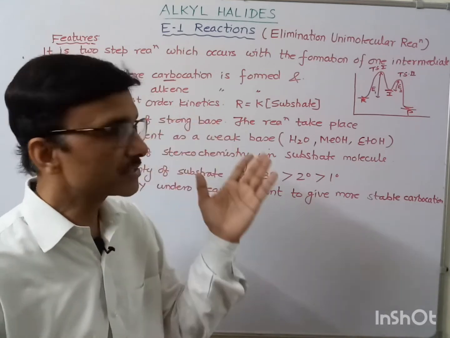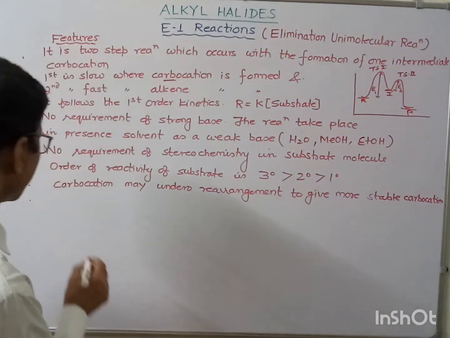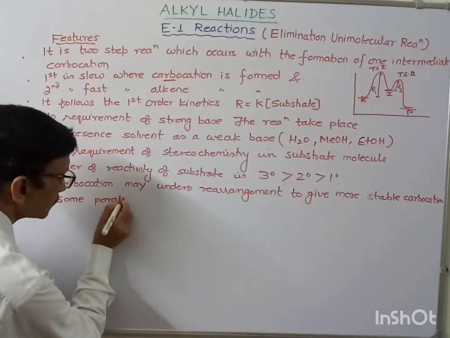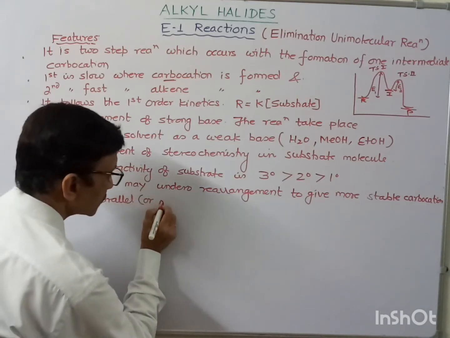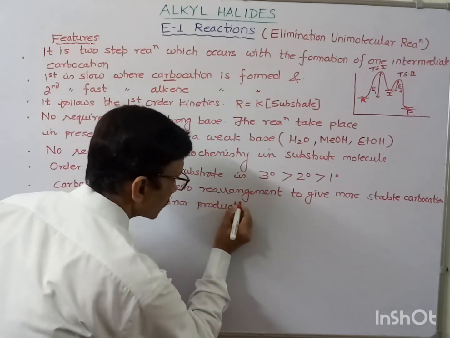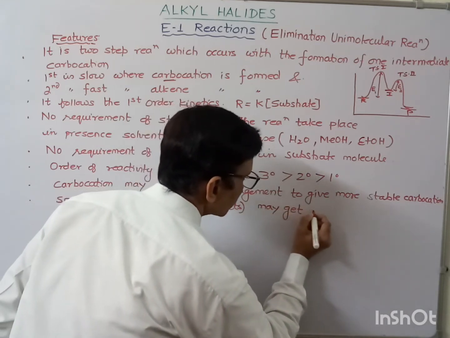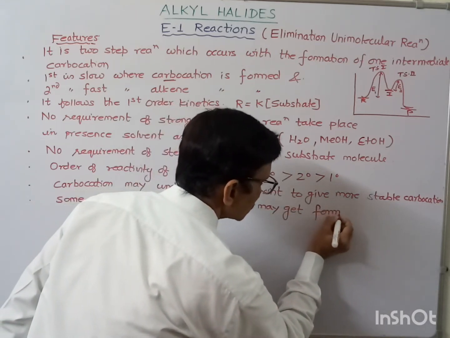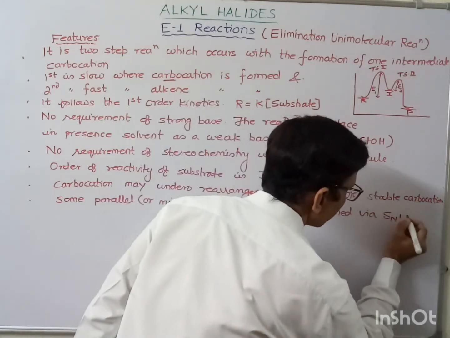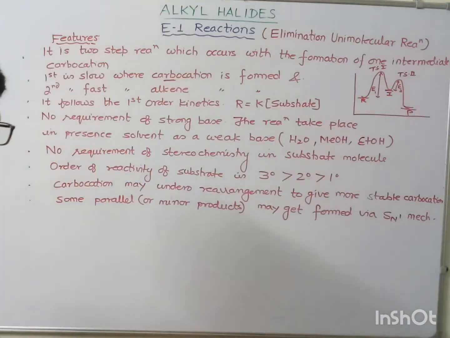Means some parallel or minor products may get formed via SN1 mechanism. Okay, so these are some features. Now let's take one of the examples.